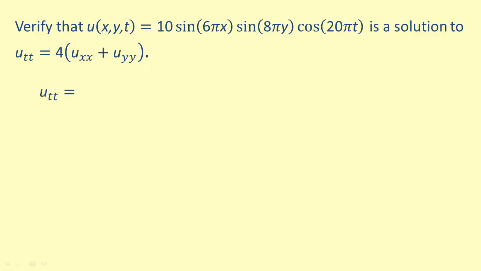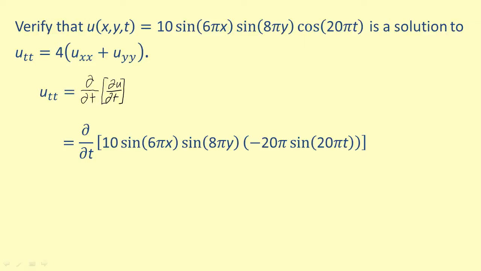We'll start by calculating u sub tt, the second derivative of u with respect to t. The only portion of u that is dependent on t is cosine of 20 pi t. The derivative of cosine is negative sine, so we replace cosine 20 pi t with negative 20 pi sine 20 pi t.